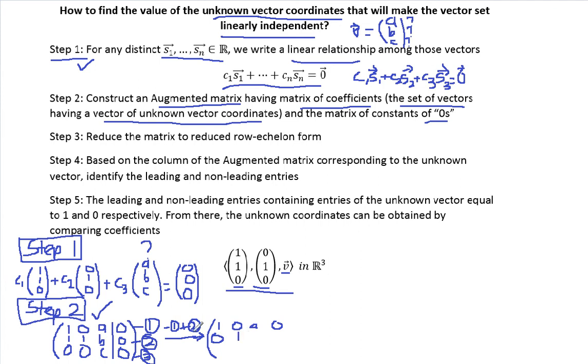Minus a plus b equals to minus a plus b. Here is minus 0 plus 0 equals to 0. So for this row, 0 0 c 0.